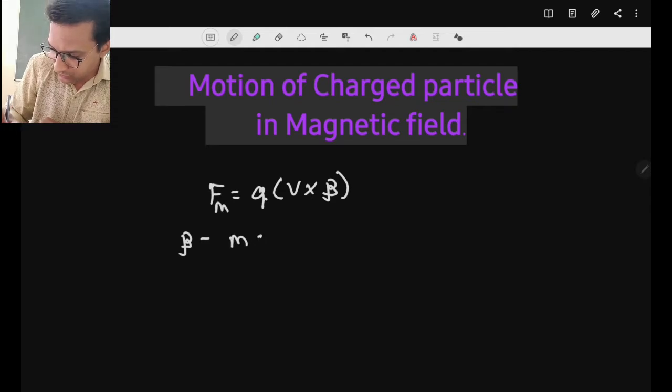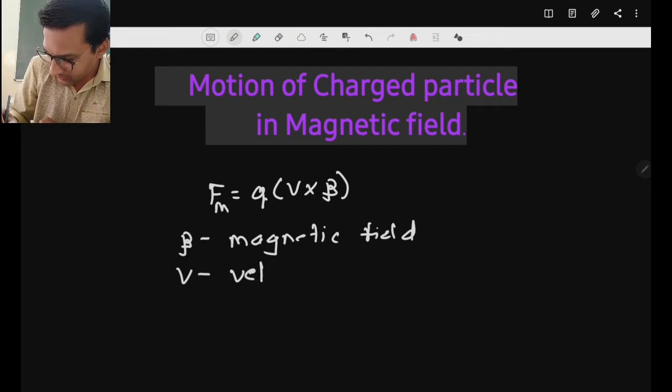This is the uniform magnetic field. V is the uniform velocity of the particle, and Q is the charge of the particle.